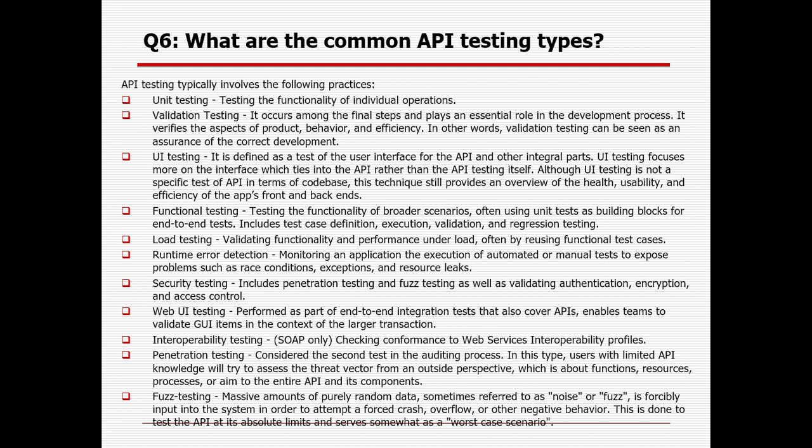Runtime error detection: monitoring an application during the execution of automated or manual tests to expose problems such as race conditions, exceptions, and resource leaks. Security testing includes penetration testing and fuzz testing as well as validating authentication, encryption, and access control. Web UI testing performed as part of end-to-end integration tests that also cover APIs enables teams to validate GUI items in the context of a larger transaction.